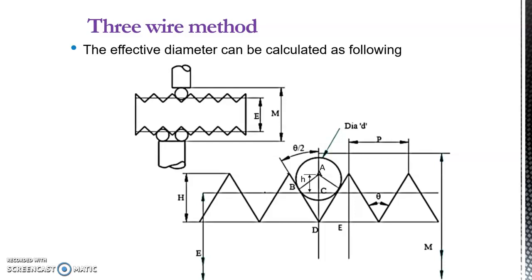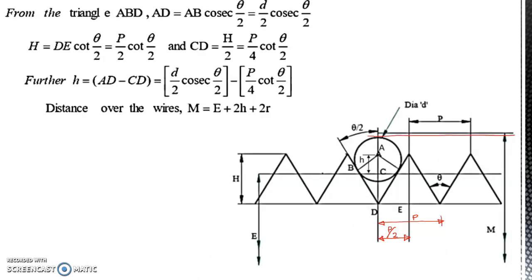In this method, the effective diameter is calculated using this diagram. Here h is the depth of thread and p is the pitch. The thread angle is denoted with theta.